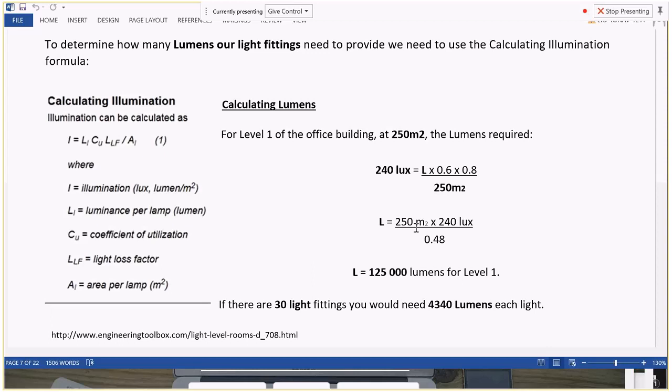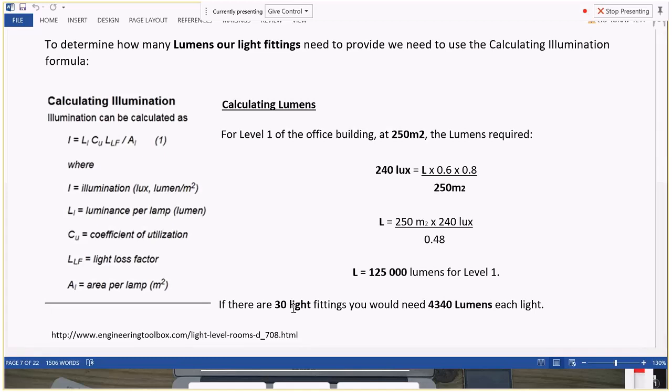But given that typically in an office roof space, you have what are called acoustic tiles, which is a ceiling grid system, that grid will happen in 600 by 600 squares, meaning that if you've got 30 light fittings, that will probably work quite well in your roof.